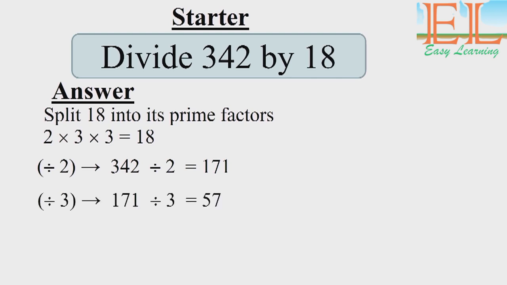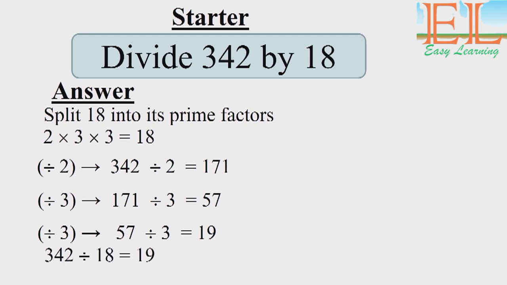This also gives 57. Finally, I divide 57 by the final and last prime factor, which is 3, and this gives 19. So this means that if I divide 342 by 18, my answer is 19.